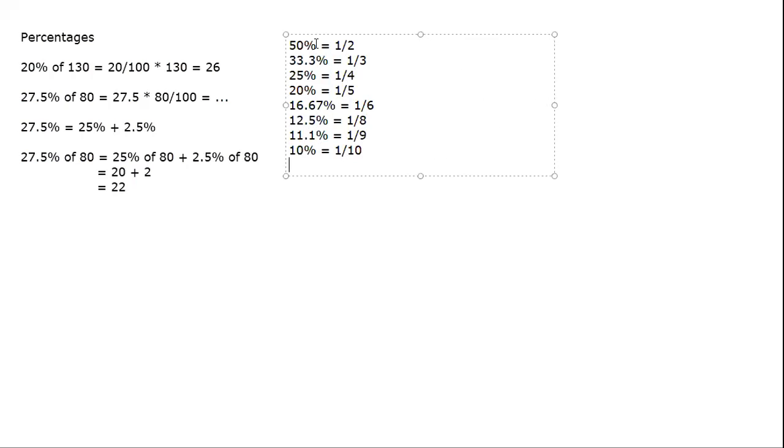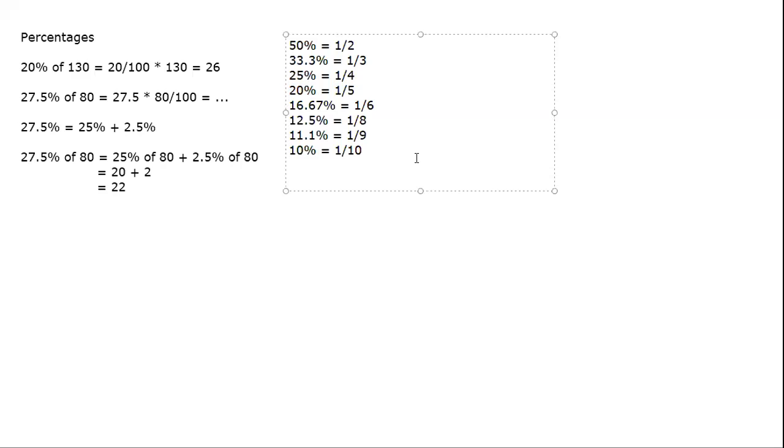Obviously if I ask you, say, 60%, then you can think of it as thrice of 20%, so it will be 3/5. 60% of something, you can just do thrice of that 20%, so it becomes 3 times 1/5, which is 3/5.